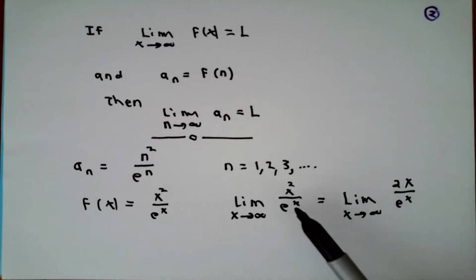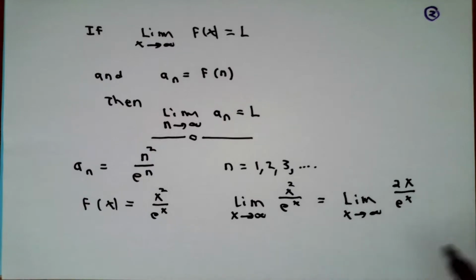The derivative of x squared is 2x. The derivative of e to the x is e to the x. I still have an indeterminate form of type infinity over infinity, so we can do L'Hopital's rule again. The top of the fraction is now constant. The bottom of the fraction becomes indefinitely large as x increases.